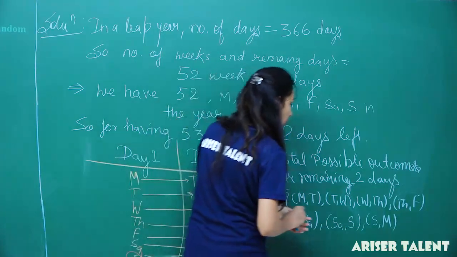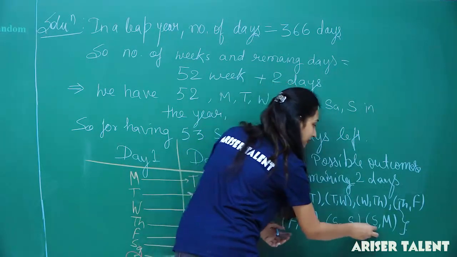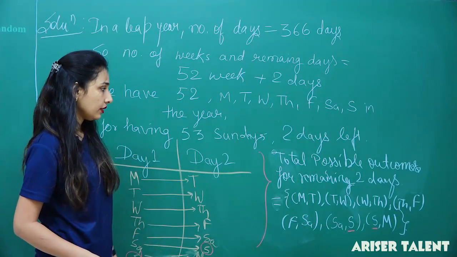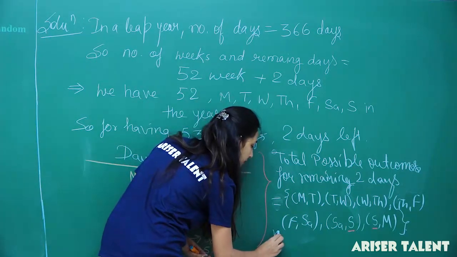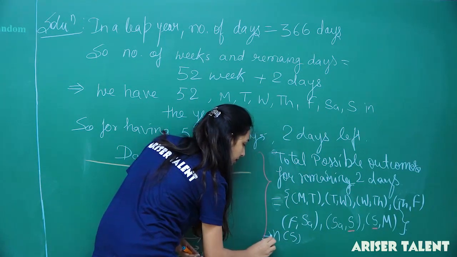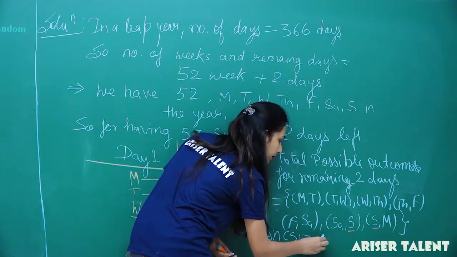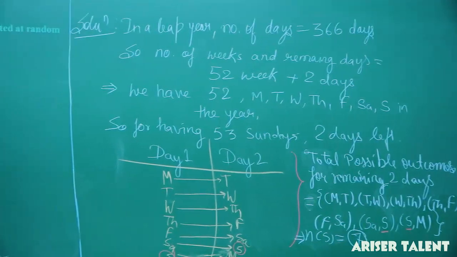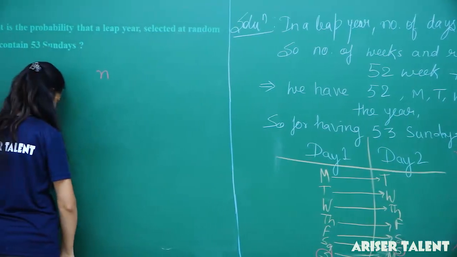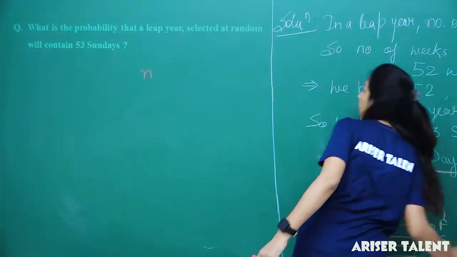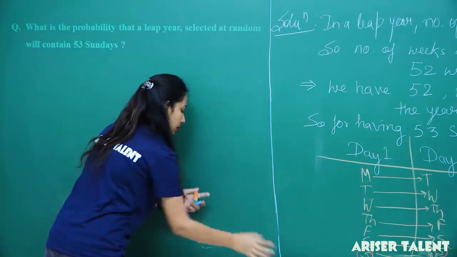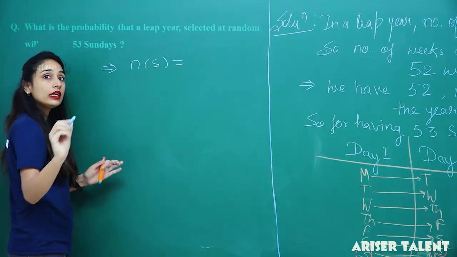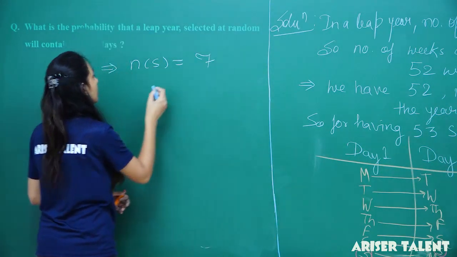Right students, and out of these I am having this Sunday here and this Sunday here, one time at day 2 and one time at day 1. So total number of outcomes are what? 7. This is NS, which implies that NS equals total outcomes equals 7.